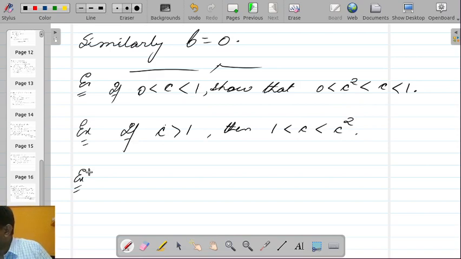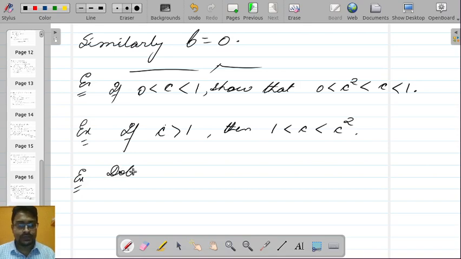Another one which you may try. Square root we have not done. You try this.